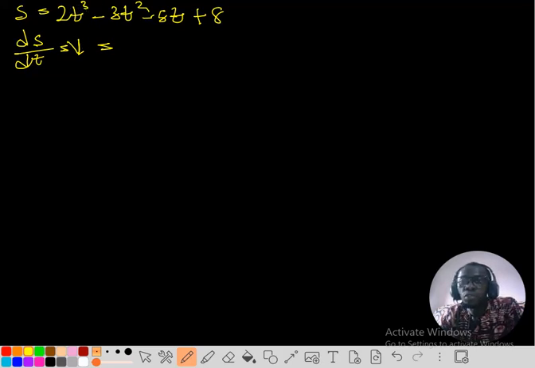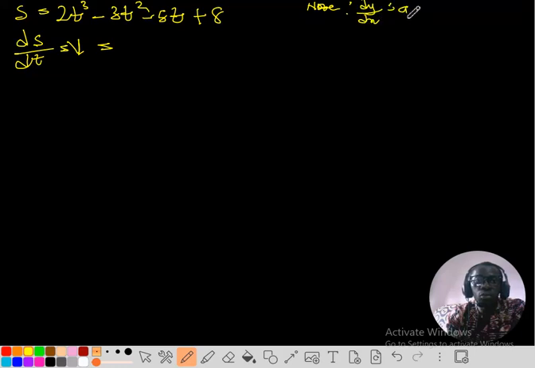Differentiate this 2t raised to power 3. Remember you are working with dy over dx equals a n x raised to power n minus 1. So a here is going to be 2. n is your power, which is 3, times 3.